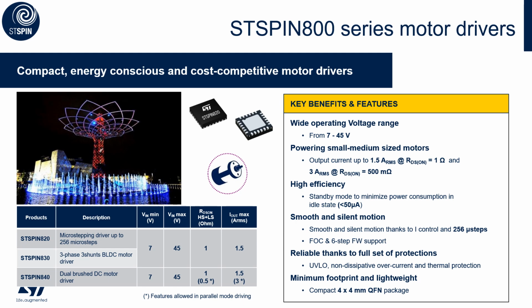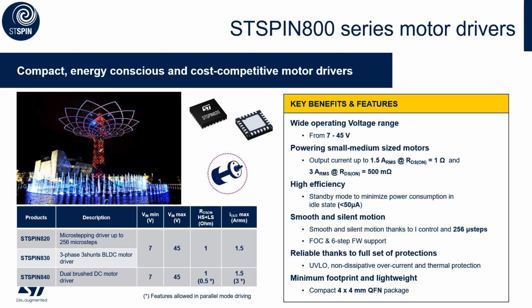There we see the STSPIN820, which is for stepper motors, and it can work up to 256 microsteps to guarantee a smooth and silent motion. The 830 is for 3-phase BLDC motors, which can be used to drive BLDC motors with the 6-step or the FOC algorithm.